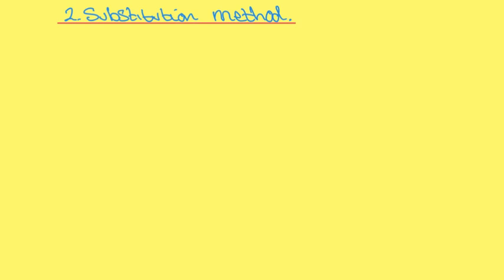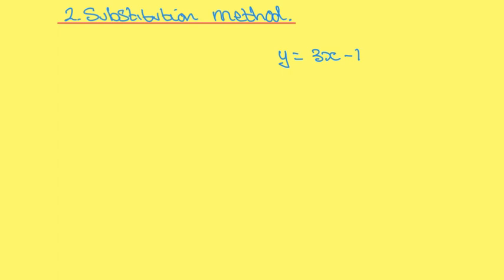So the first thing you have to do is find a value for one of your variables in terms of the other. So if I take equation 1 and rearrange it, I can rearrange it so it reads y equals 3x minus 1.